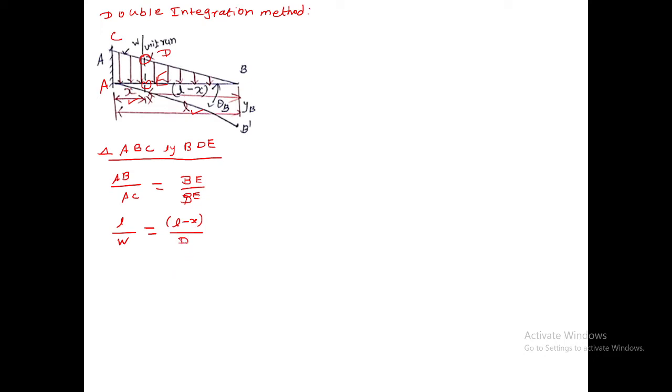So this is the uniformly varying load. So DE equals W divided by L into L minus x. This is the varying load.